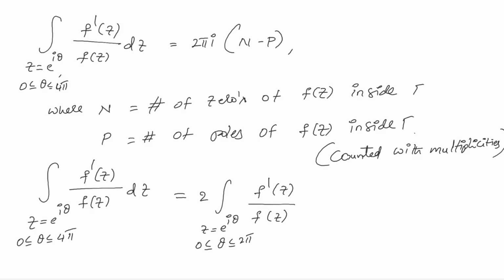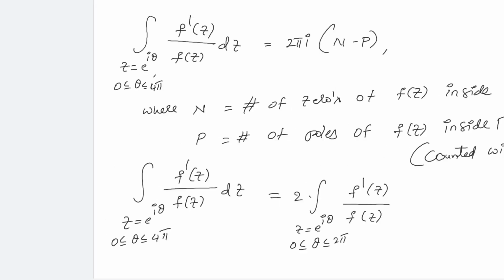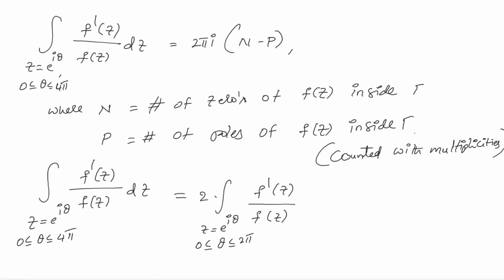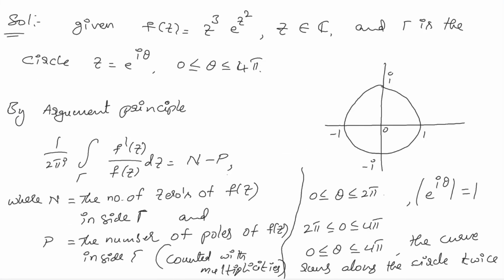this times 2. Whereas I'm considering in the first integration the circle is the same circle, z equal to e to the power of i theta, wherever the theta is running from 0 to 4 pi. That means the circle is running along the boundary of this circle twice. But coming to the second integration, it is the same circle and theta is running from 0 to 2 pi.